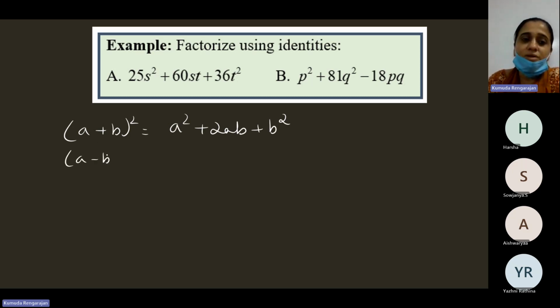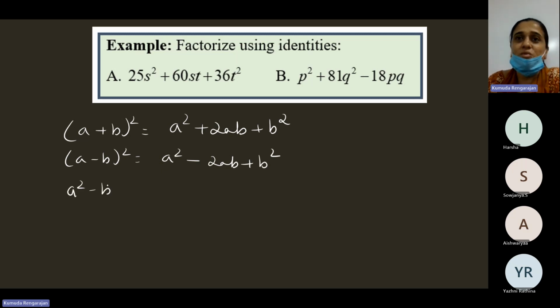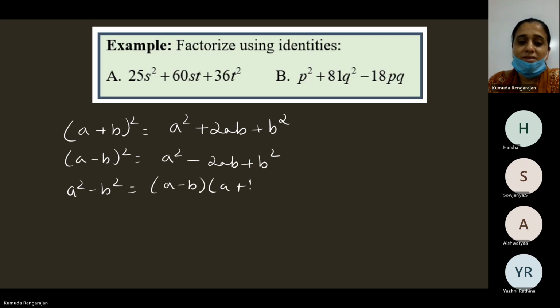What about a minus b the whole square? A square minus 2ab plus b square. Very good. And what is a square minus b square? A plus b into a minus b. Correct? A square minus b square is a plus b into a minus b.